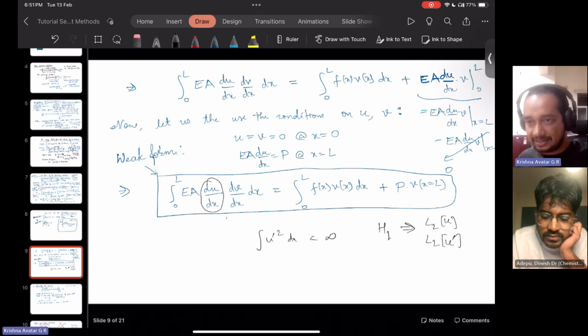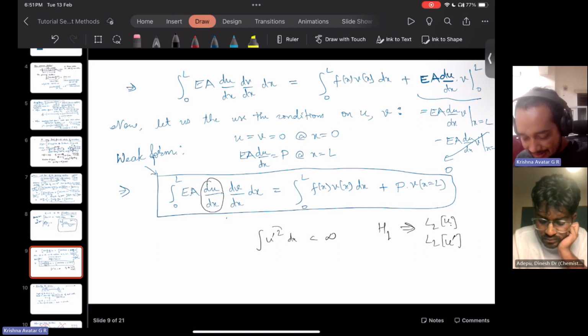This is what H1, the Hilbert space, implies. So the Hilbert space states that the function should be square integrable, and its derivative should also be square integrable. Square integrable simply implies that the integral of the square should be less than infinity, which means it must be bounded or finite. So that's what the Hilbert space says.